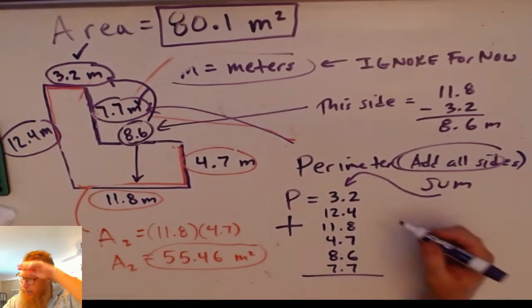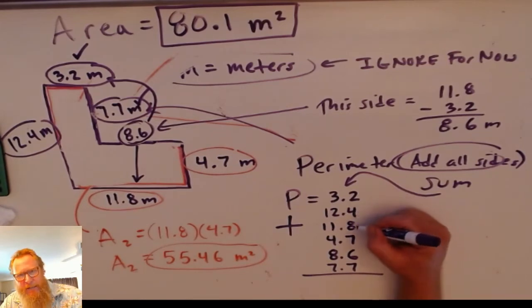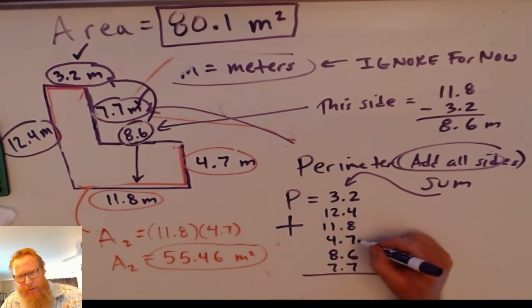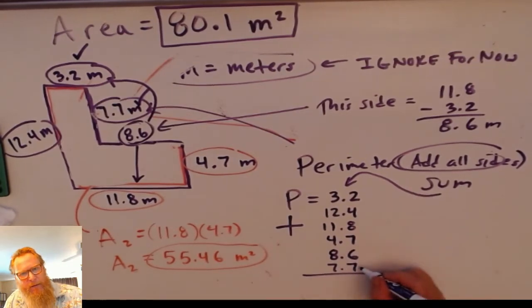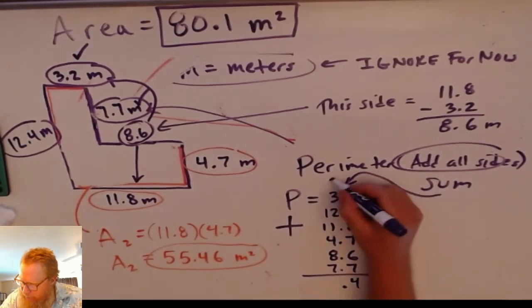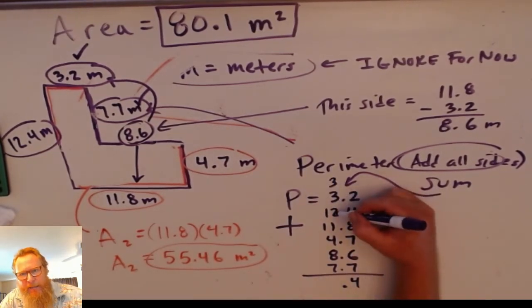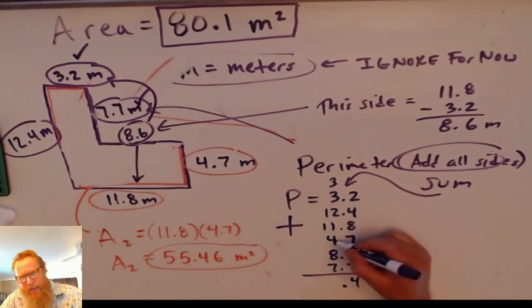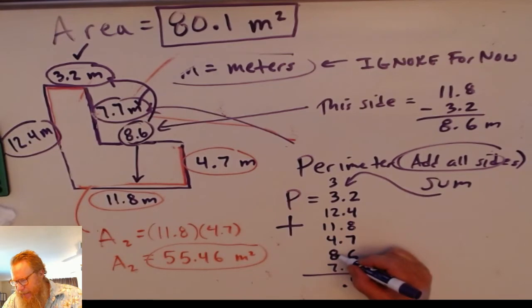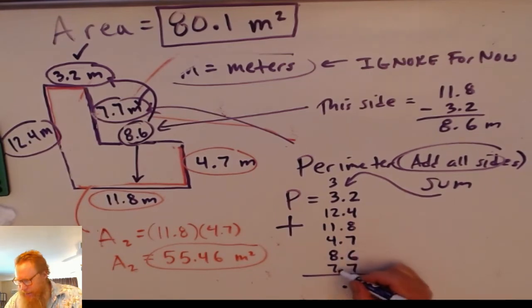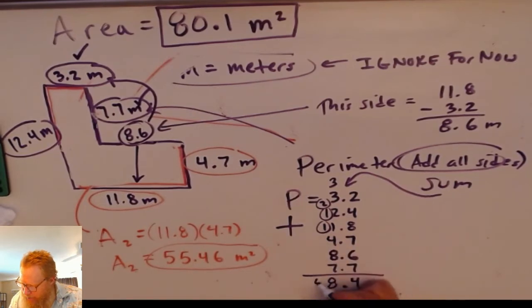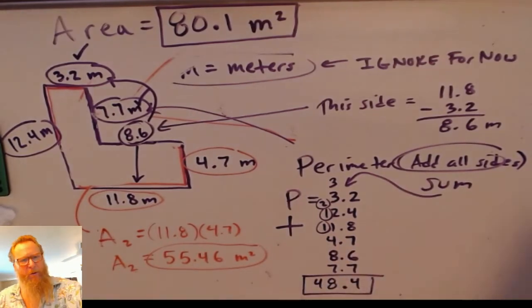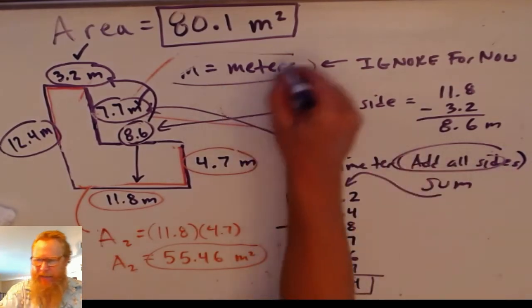Let's see how fast I can do it by hand. 2 and 4, so 6 and 8, 14, 7, 21, 6, 27, 7, 34, carry the 3. 3 and 3 is 6, 2 is 8, 9, and 4 is 13, 8, 21, 7, 28, carry the 2. 2, 1, and 2, that's 4, 48.4. Now you got to go back and pick up your meters.